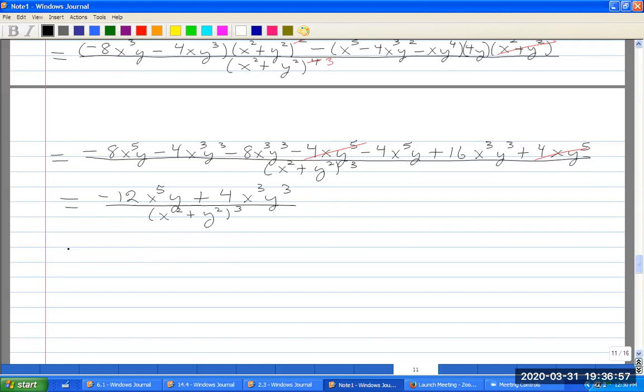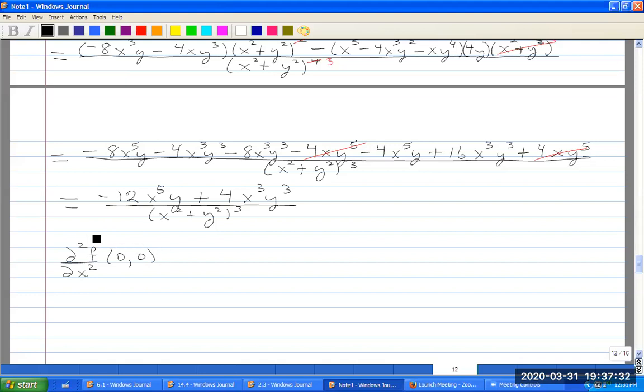So let's take the second partial of f with respect to x. And so let's try to see what that is. Well, let's do the following.